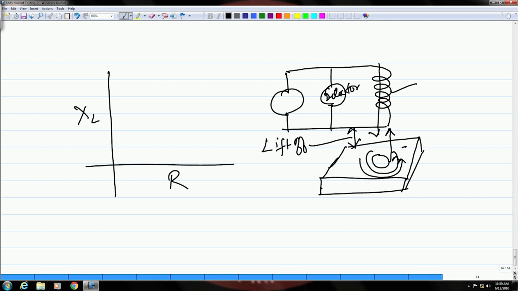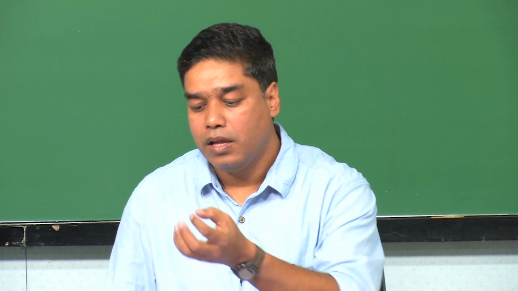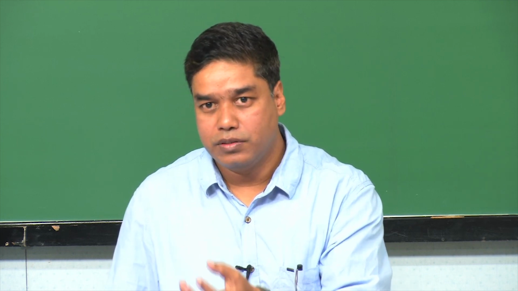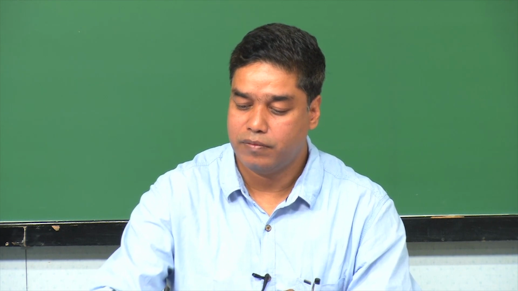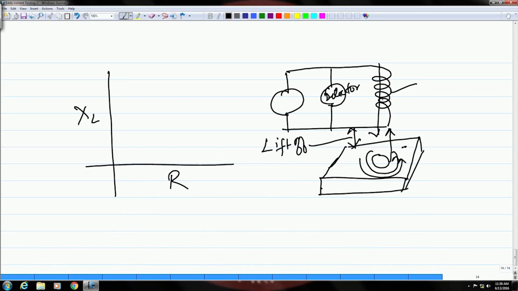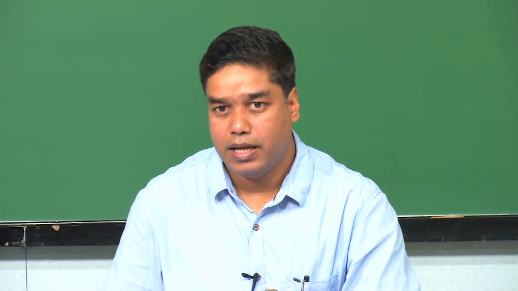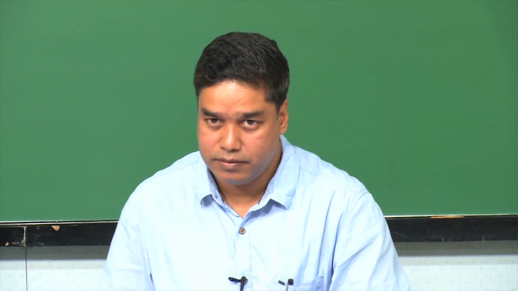And the moment the induced current or the eddy currents start flowing in the surface, the eddy currents are coming out from the energy which is flowing in the primary coil, right. So, since the energy is taken away from this coil, okay, that will be reflected in an increase in the resistance, okay.